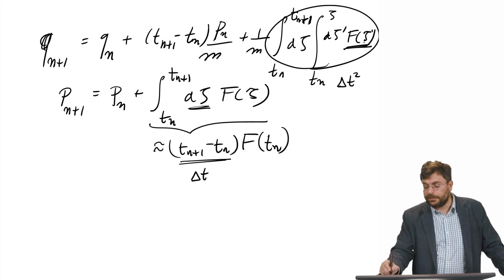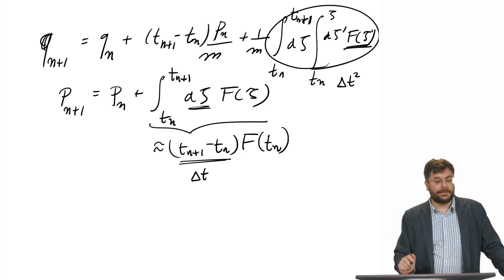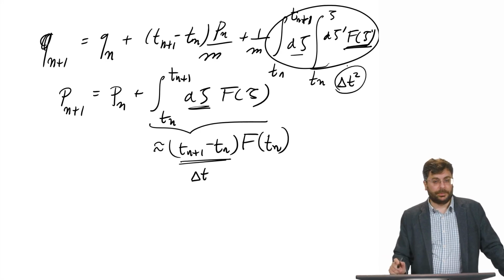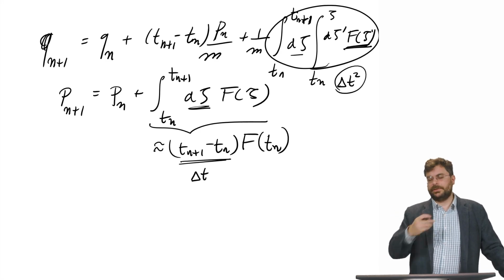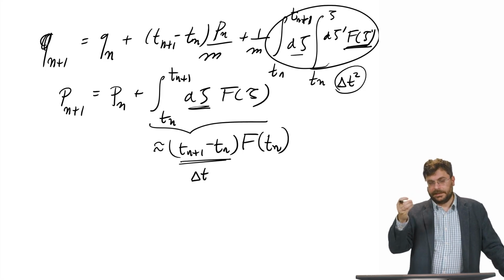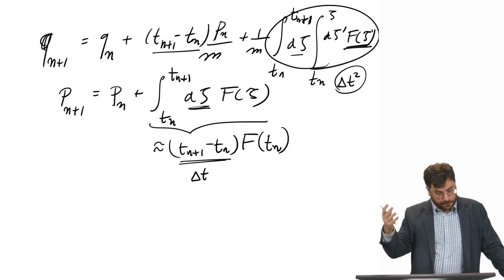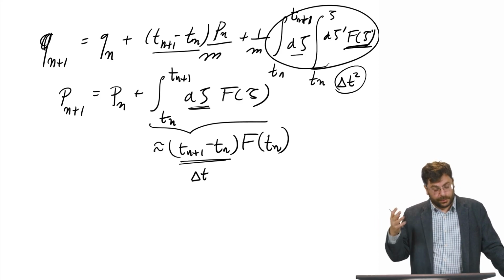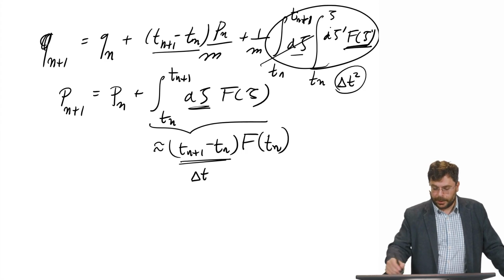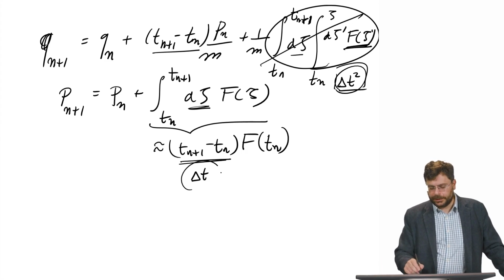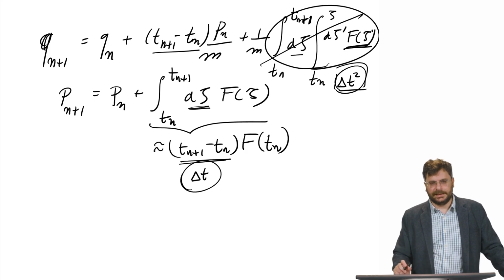If I assume that force is roughly independent of time, then these two integrals give me a term which is proportional to delta t squared. So if I assume that my integration time interval, Tn plus 1 minus Tn, is small, then with some small amount of approximation I can drop terms that depend on delta t squared and only keep terms that are of order delta t.